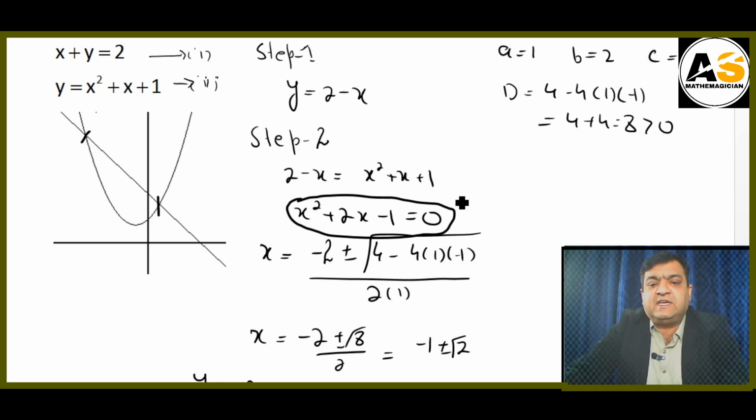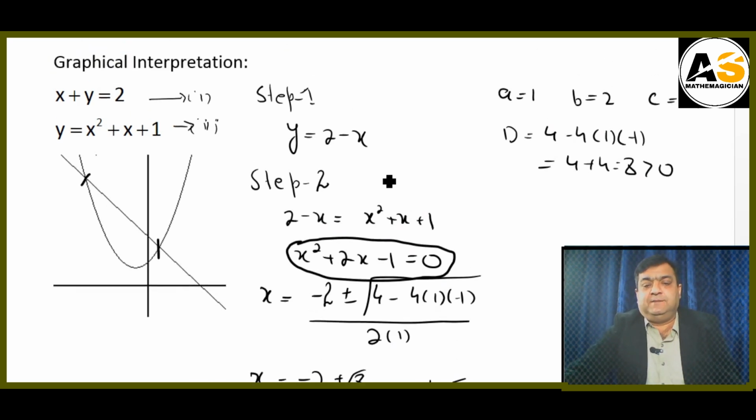So if the discriminant of the quadratic equation obtained is greater than 0, this line will intersect this quadratic polynomial graph at two different points. This was the first case.